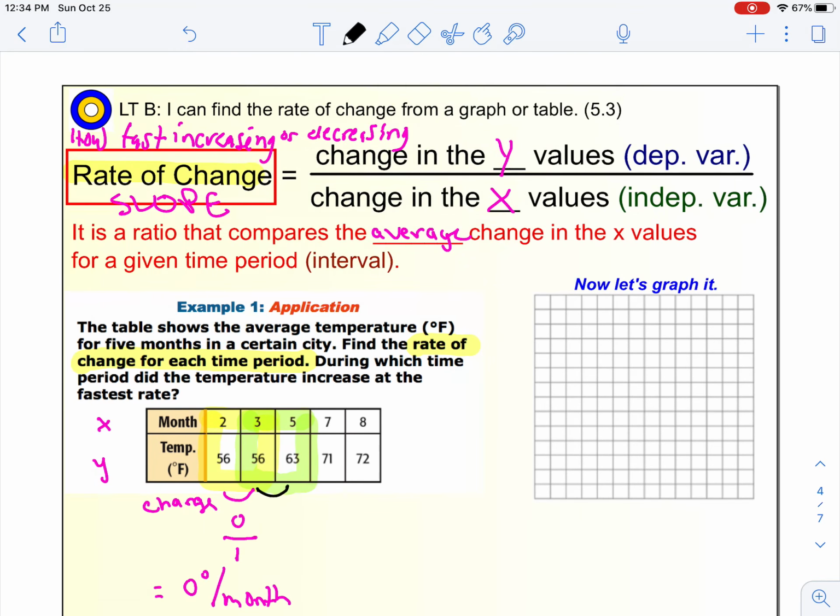Well, the change in temperature from 56 to 63 was 7 degrees, but that was over 2 months. So if it changed 7 degrees in 2 months, what would be every month? That would be 3.5. So it changed on the average 3.5 degrees per month.